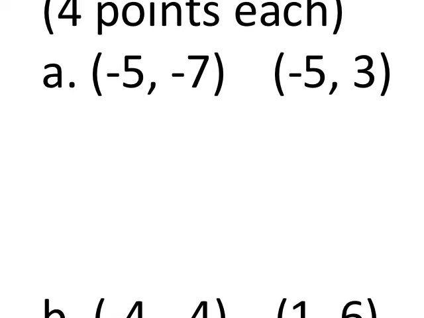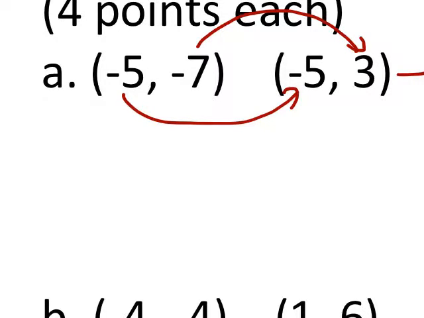So now that we have these, and we're going to learn this in class, the change in y over the change in x, and that's going to give me a fraction. So I always start from the point on the left and go to the point on the right. From negative 7 to 3, that's going to increase the y's by 10. So that's a plus 10.